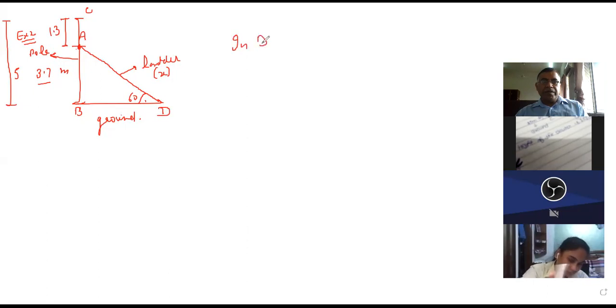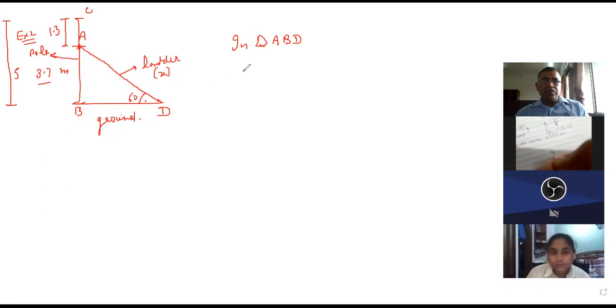So in triangle ABD, the relation between perpendicular and hypotenuse is of sine. So AB upon AD is equal to sine theta.